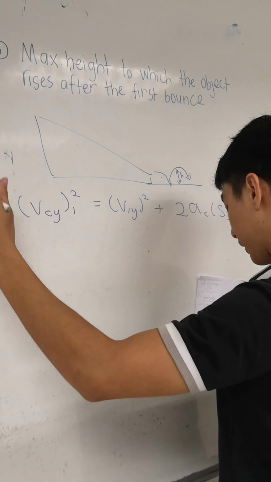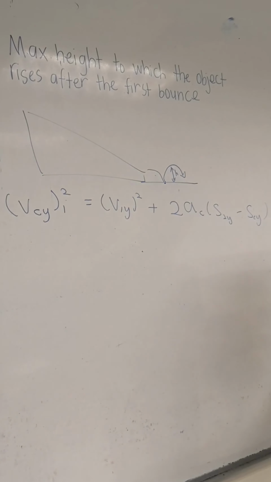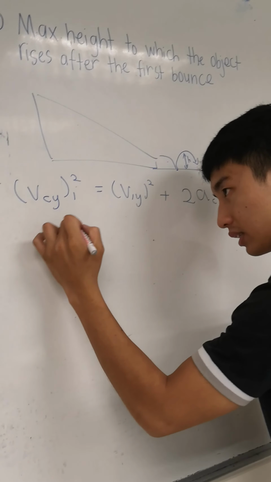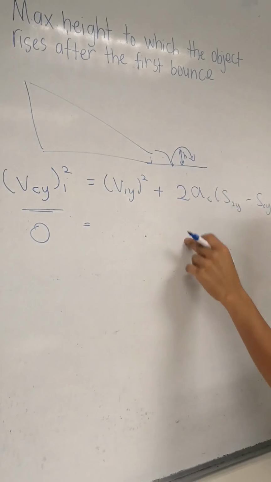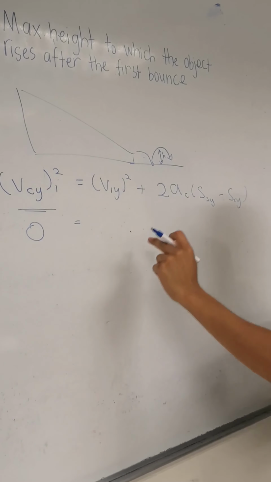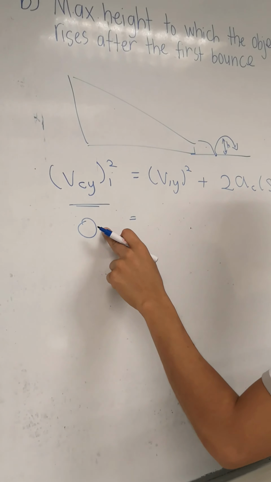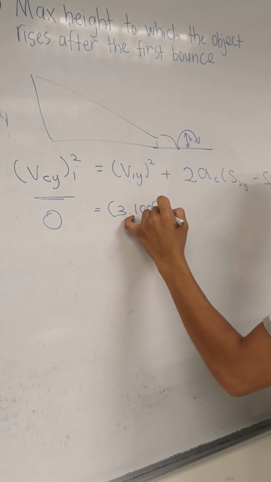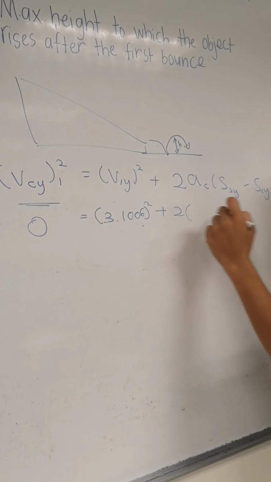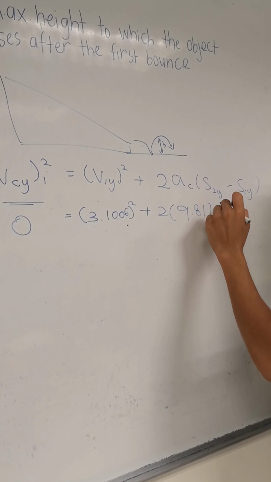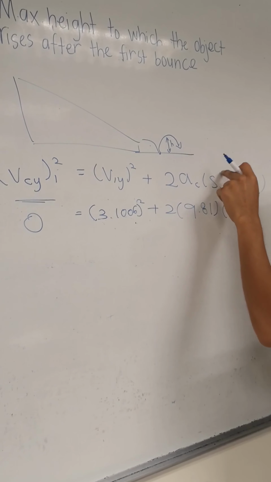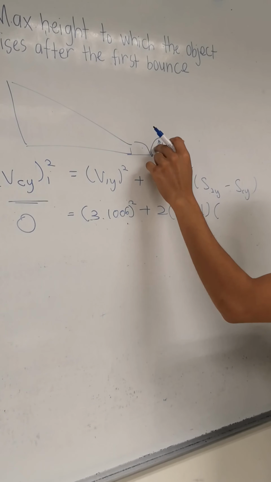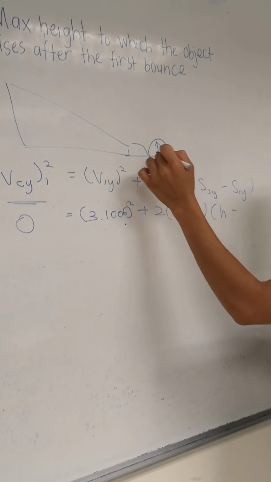The slide told us that the velocity at this position is 0, so we substitute 0 here, and V1y is 3.1006 squared plus 2 times constant acceleration 9.81 times S2y, which is the displacement distance H, minus SCY, which is 0.